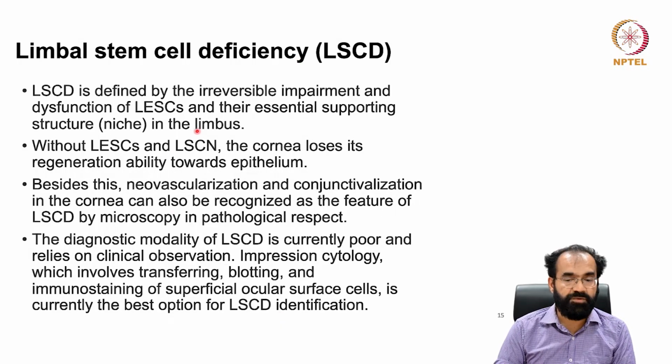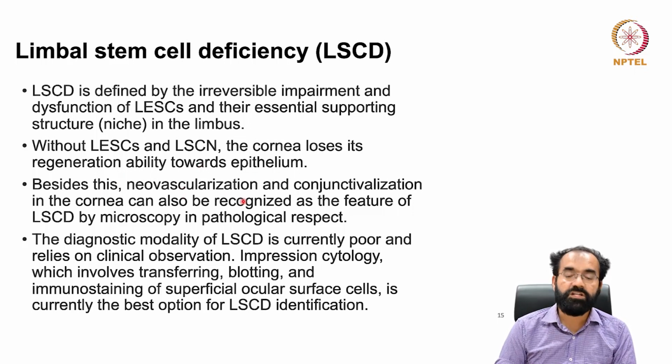Limbal stem cell deficiency, if you look closely, LSCD is defined as the irreversible impairment and dysfunction of LESCs, limbal epithelial stem cells, and their essential supporting structure, the niche cells in the limbus. Without LESCs and LSCN, the cornea loses its regeneration ability towards the epithelium.